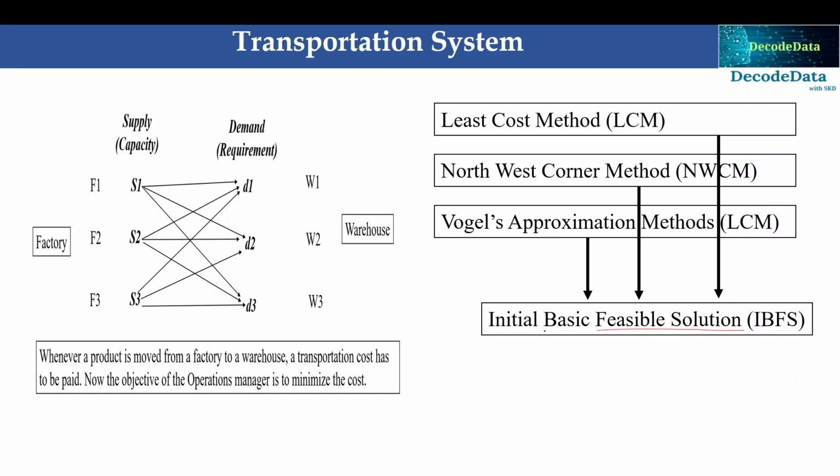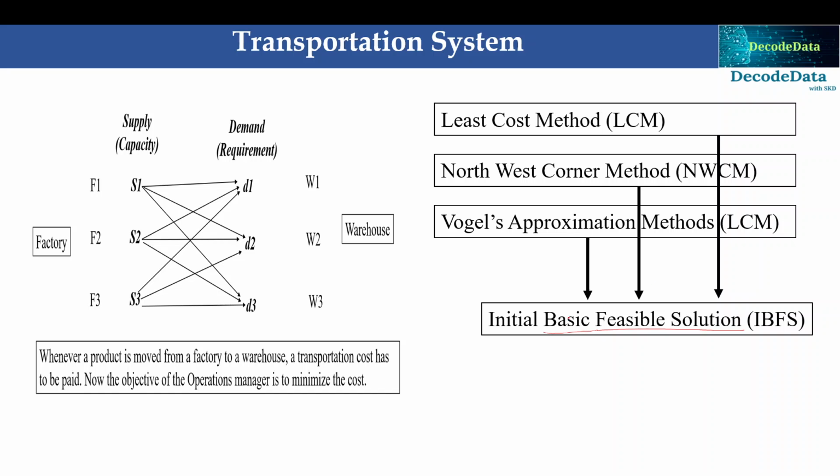Now, why is it called basic? Because your job as an operations manager is to find the minimum cost. That should be optimum, nothing less than that. But these 3 methods will only give you the basic cost, meaning you are not sure whether this cost is optimum or not.